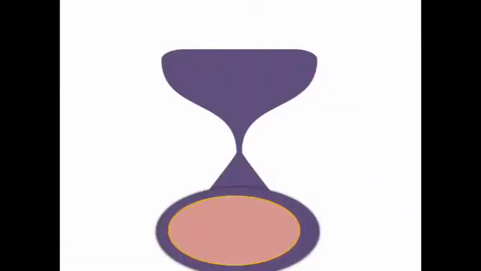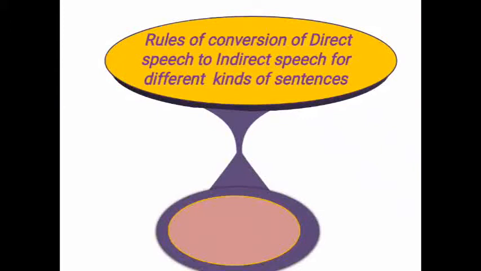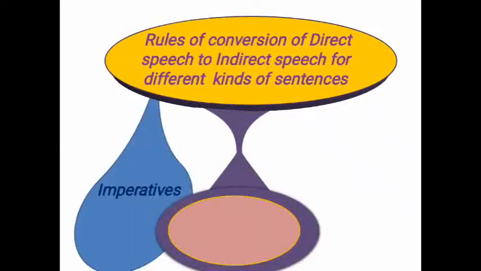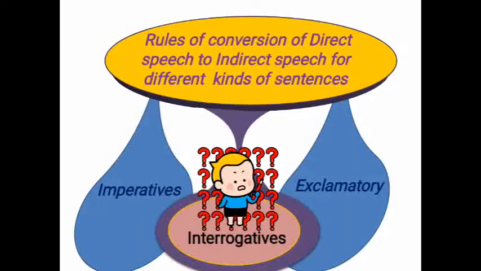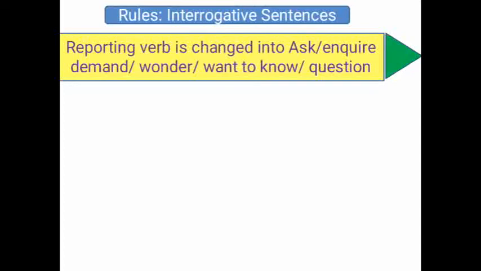Now let's understand the rules of conversion of direct speech to indirect speech for different kinds of sentences. These sentences are the imperatives, the exclamatory sentences and the interrogatives. So let's begin with the interrogative sentences. The reporting verb is changed into ask, inquire, demand, wonder, want to know and question.